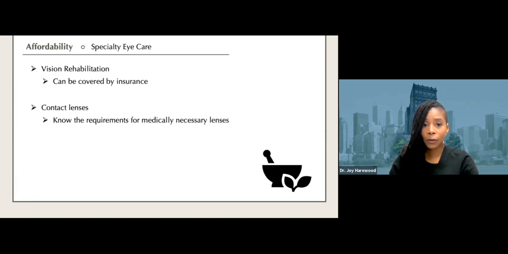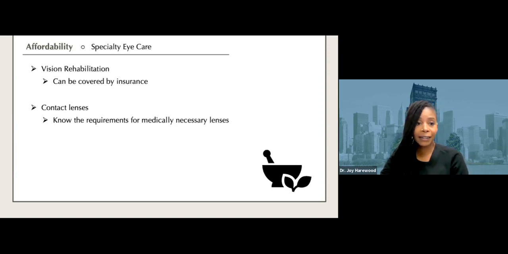Contact lenses: there are definitely requirements for medically necessary lenses. As providers, when we hear about medically necessary lenses, we specifically think about people with keratoconus or other diseases or disorders of the front of the eye, keratoglobus, that require a hard lens. There are also other parameters that allow you to qualify for medically necessary lenses.